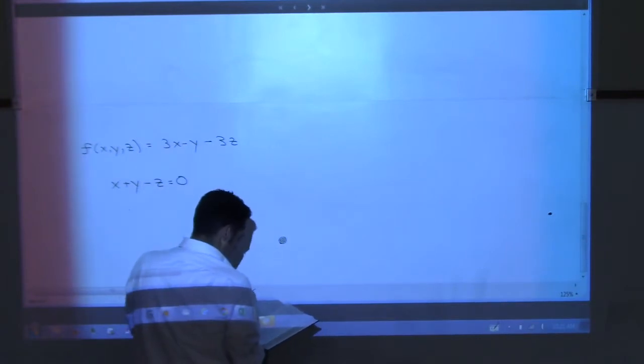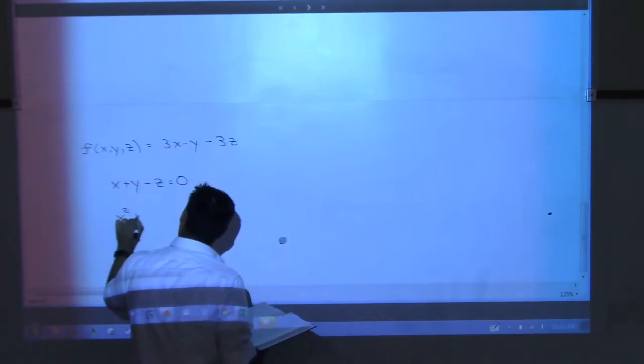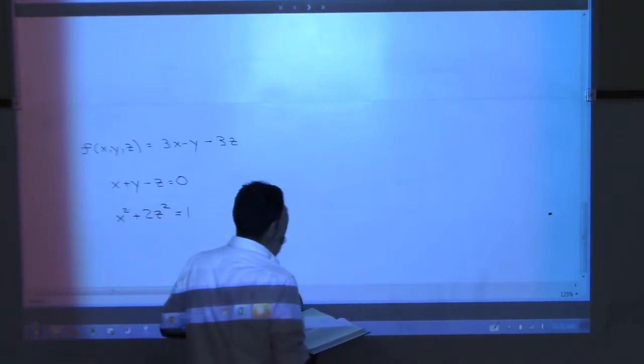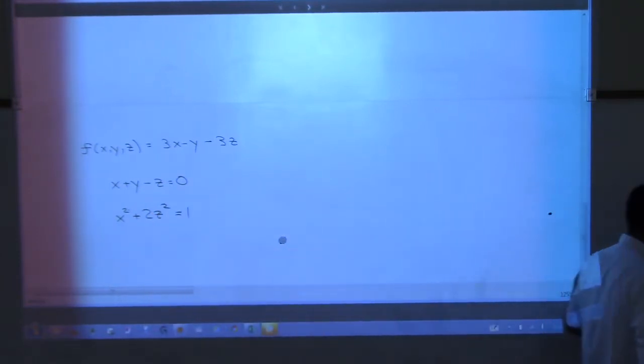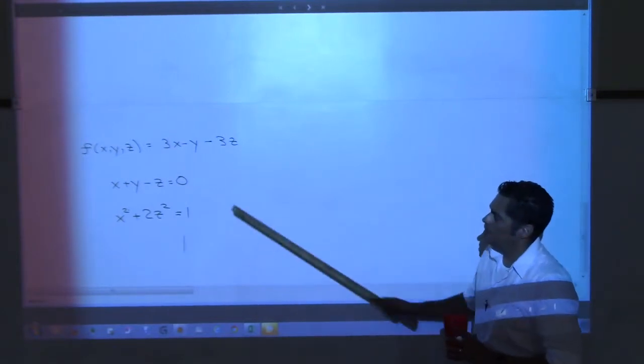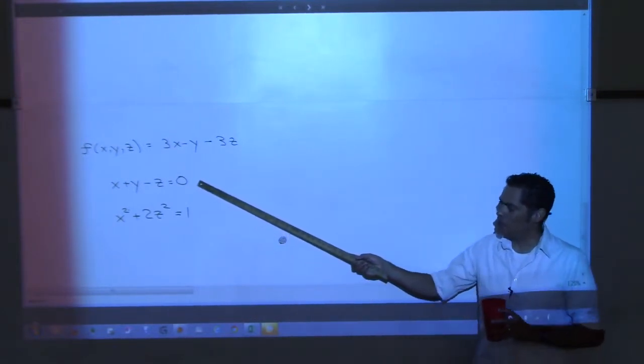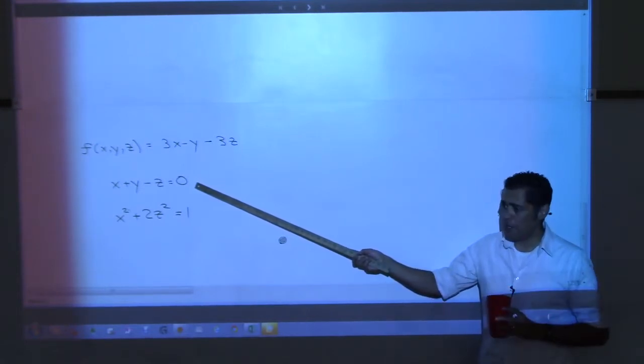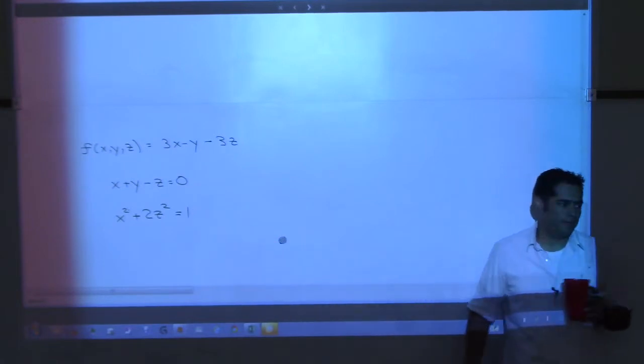And then you have another one, x squared plus 2z squared equals 1. Can anybody tell me what this first constraint is visually? It's a plane in three-dimensional space. How about that one?